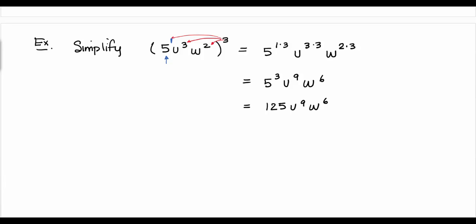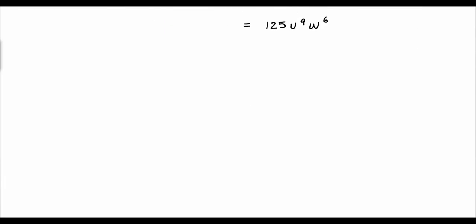Okay, let's do a couple more examples. What if we had simplify w squared all over 6v to the 4th, and all of that is squared.